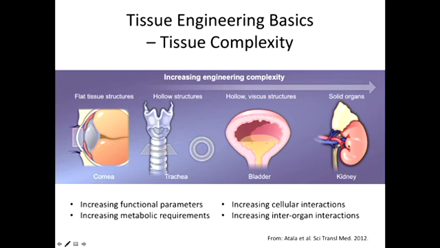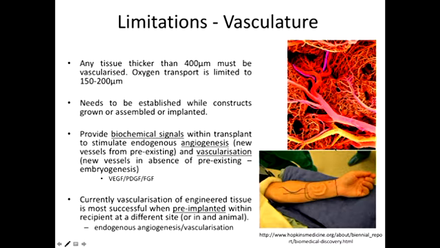And then we get into even more complex solid organs such as the kidney. And this requires interaction of a huge number of cells with precise control, precise architecture, and both cellular arrangement and three-dimensional structure. So it starts to become much more complicated. And one of the main limitations is this absence of vasculature or difficulty in producing vasculature.